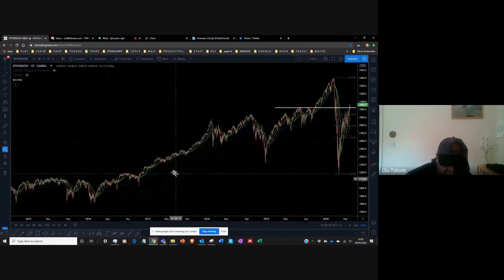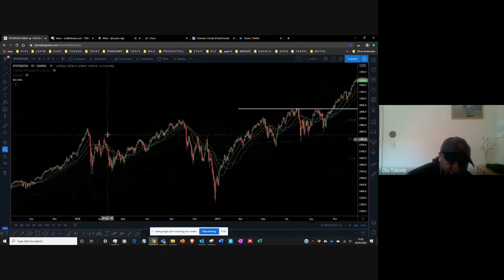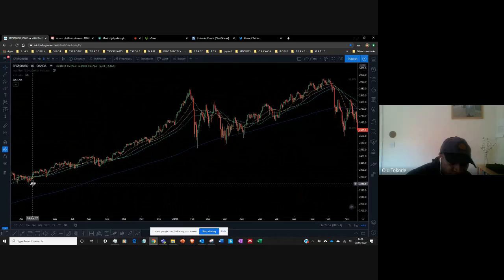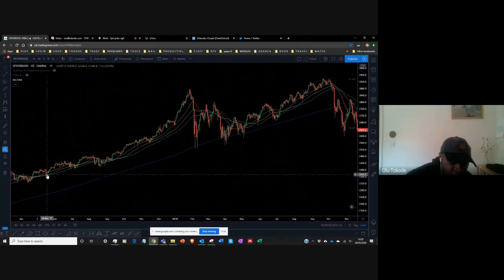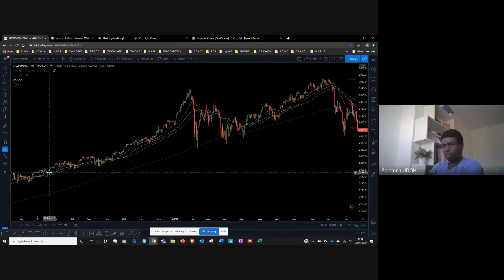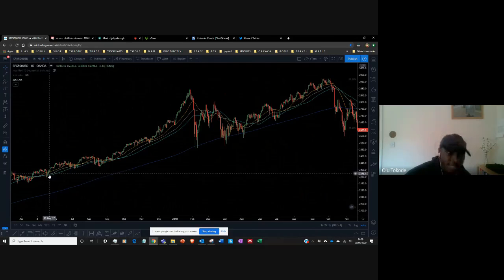So that's what you're seeing here. Let's say you were buying here. You can see the three of them are parallel. The orange is above, the green is in between, the blue is beneath. So if you're buying here, you should be comfortable to stay in that trade and just keep riding it.